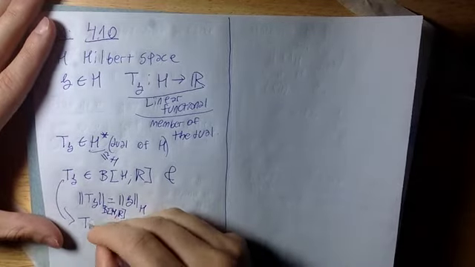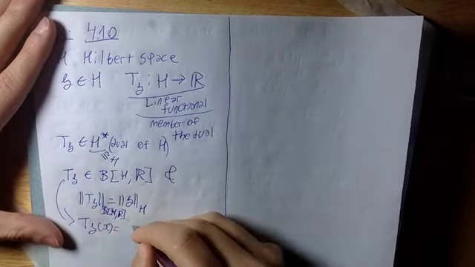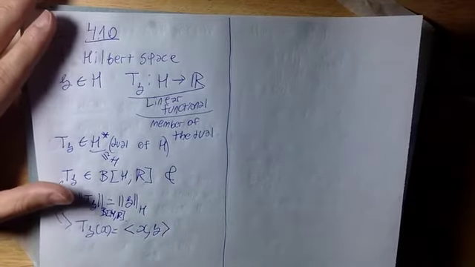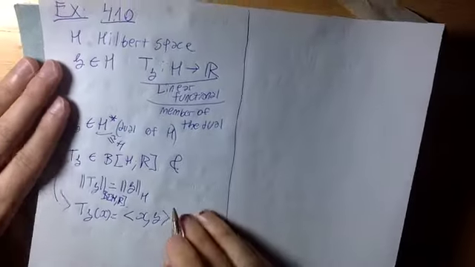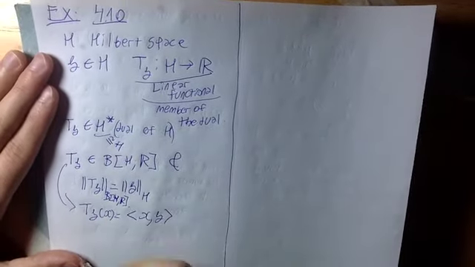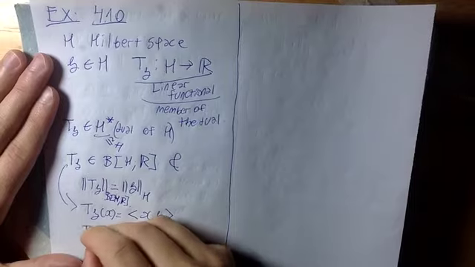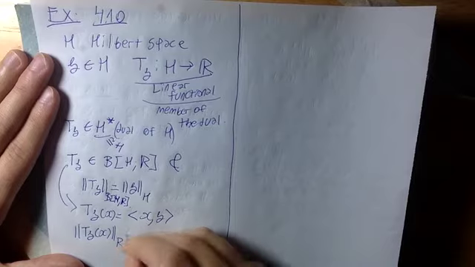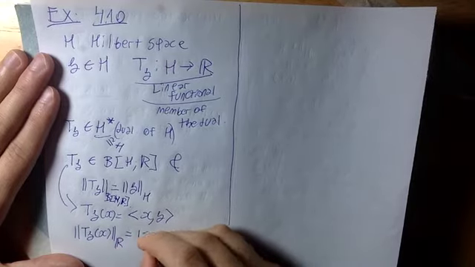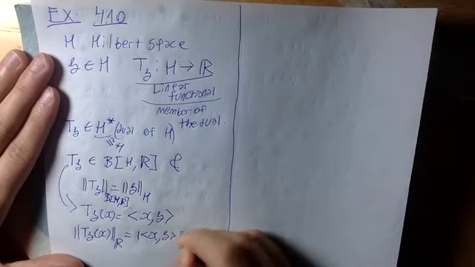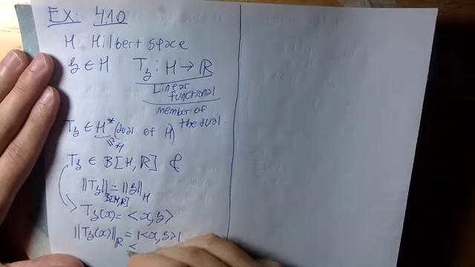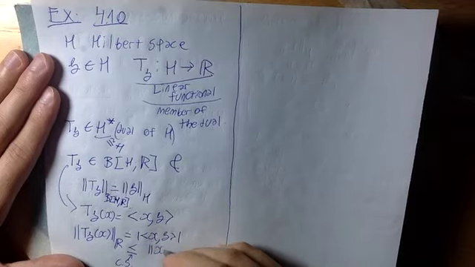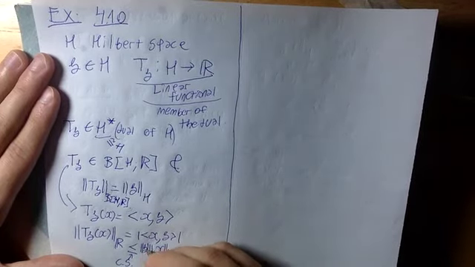T of y applied to x is just the inner product of x and y. So how do we actually find the norm of this? This is by Cauchy-Schwarz. If we take T of y of x, norm in R, this is equal to the absolute value of x comma y, which is less or equal, by Cauchy-Schwarz, to the norm of x times the norm of y.